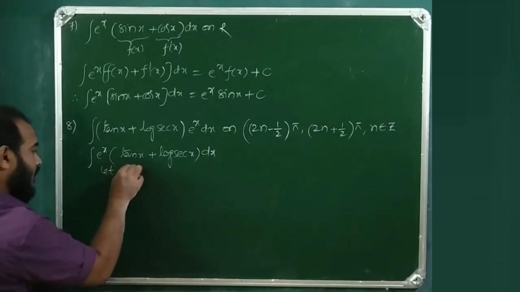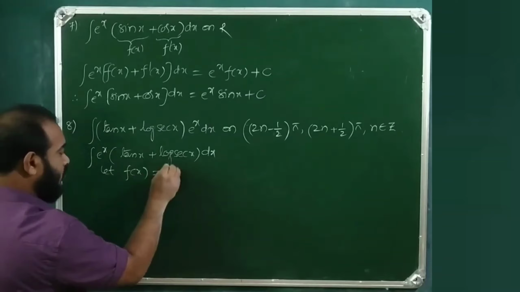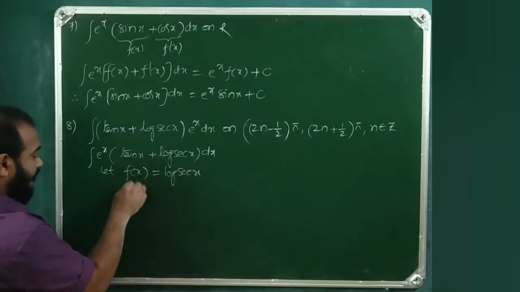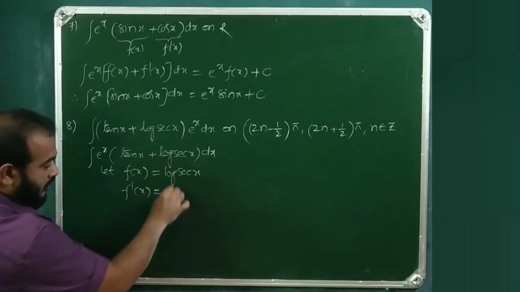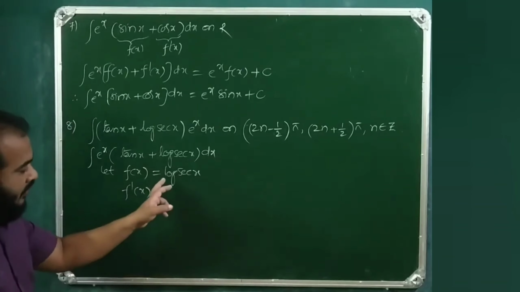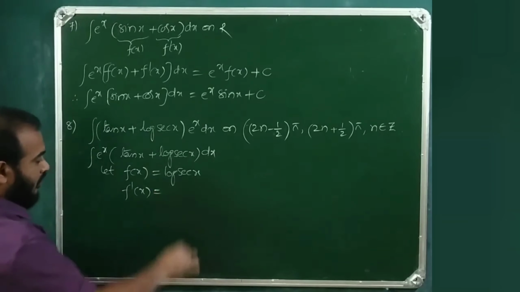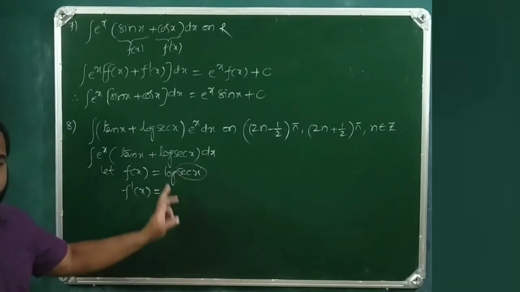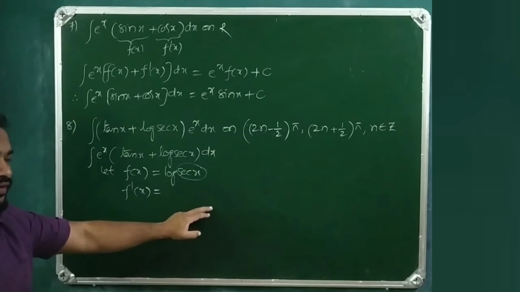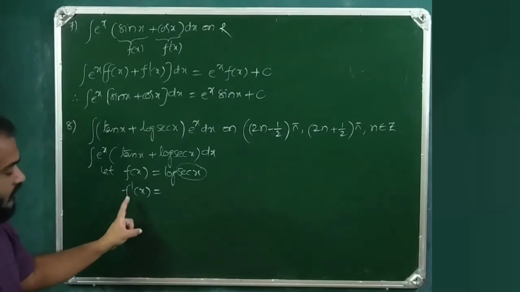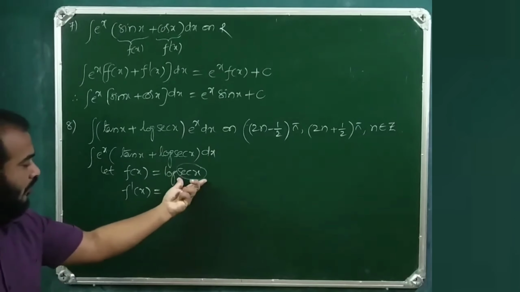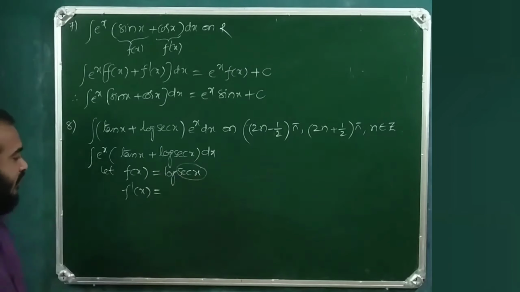Let f of x equal log secant x. Then f dash x is, differentiating, secant x you take as x, so now it has become log x. What is d by dx of log x? If you treat it as x, then the derivative of log x is 1 by x.